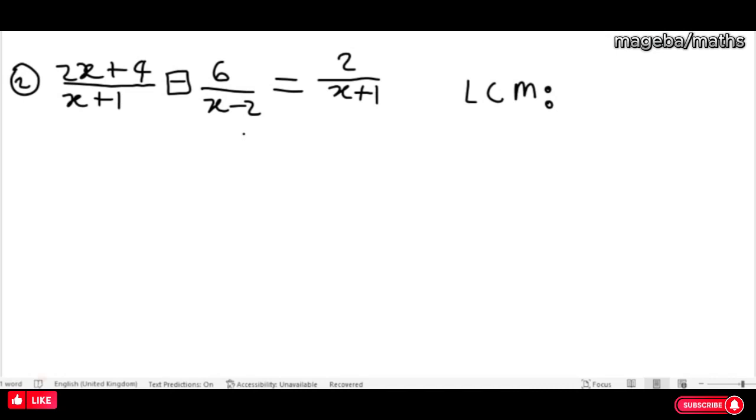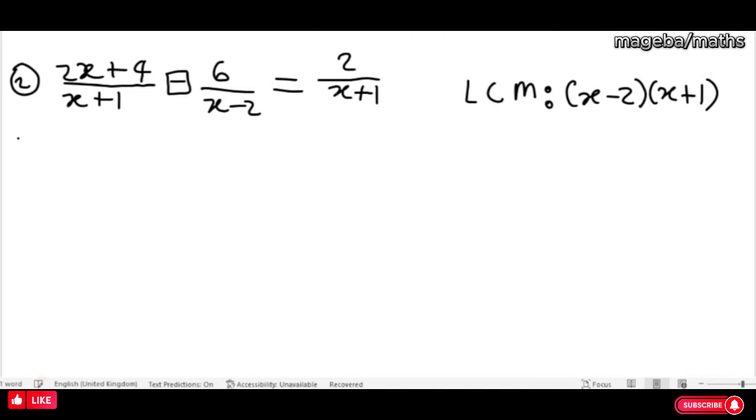So taking our LCM, we need to take one of the two, since these two are the same, and then also take the one that we only have once. So our LCM is going to be x minus 2 and x plus 1. Now remember, our main thing to do here on our denominator is to make our denominators the same. How are we going to do that?